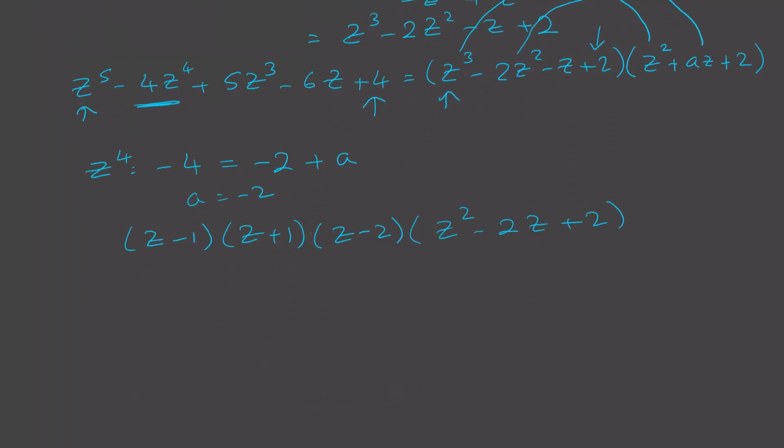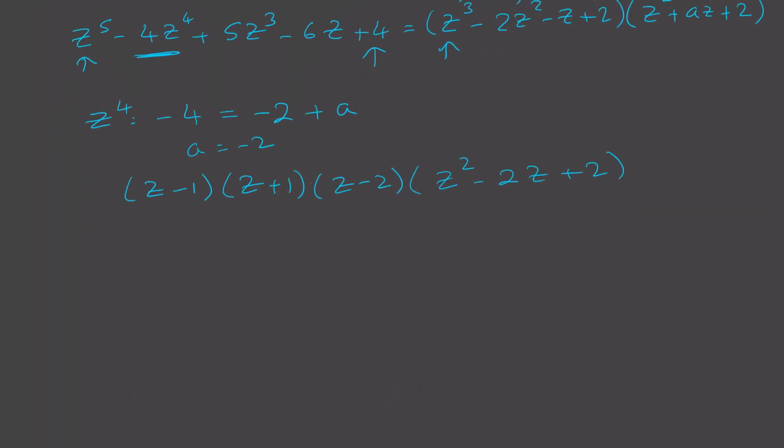I can't see any obvious way of factorising that quadratic. So we could try something like completing the square or use the formula. Let's try completing the square. So I've got z squared minus 2z plus 2. Let's just underline this line because we want to come back to this.